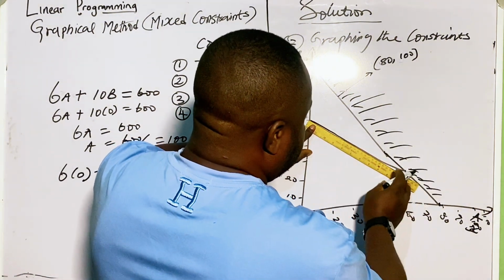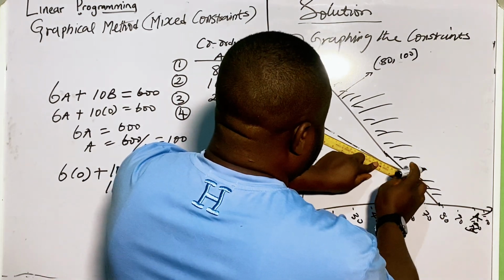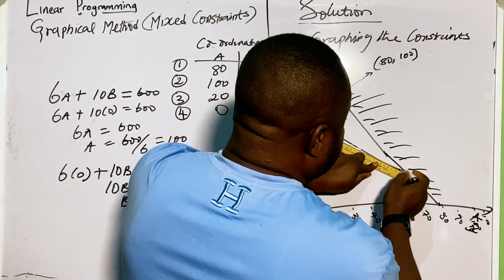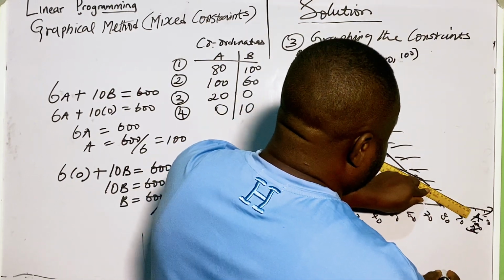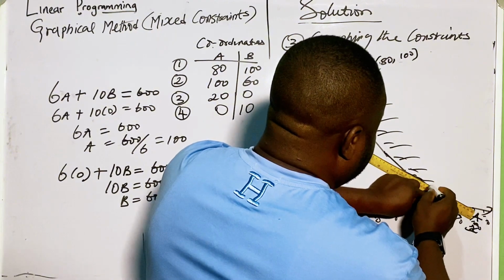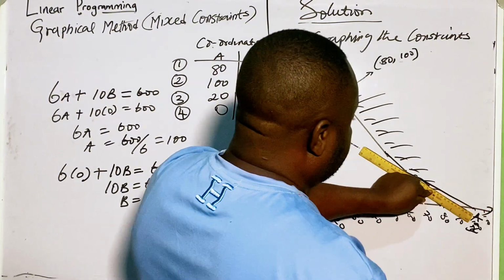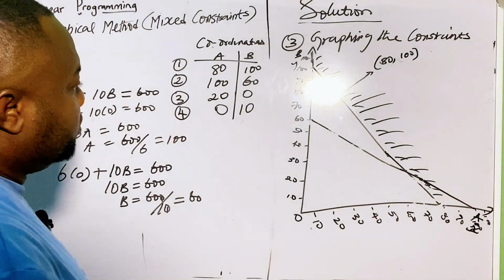Don't mind our drawing. It has been mentioned severally that the more you use your graph, definitely you are going to achieve a better result. So this is just going to guide you.